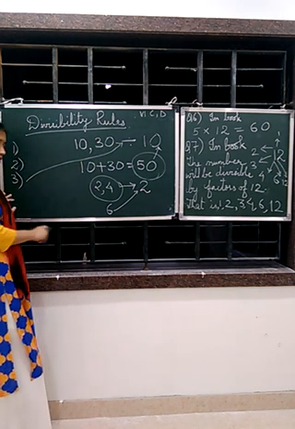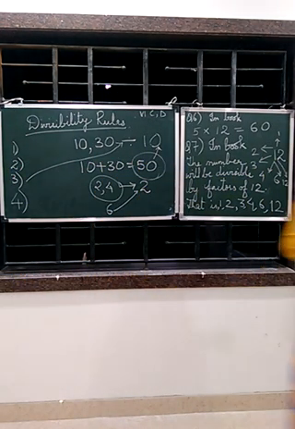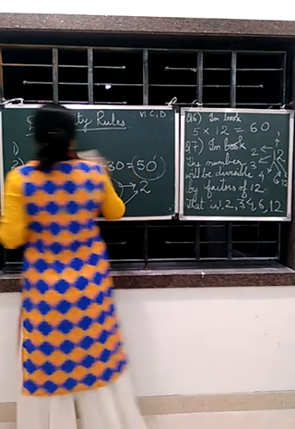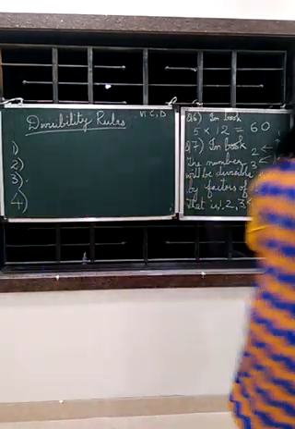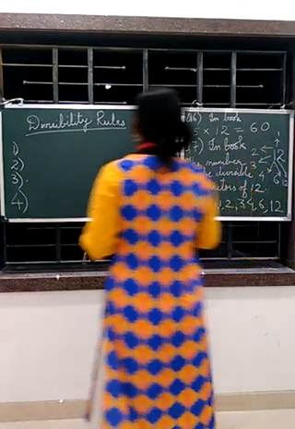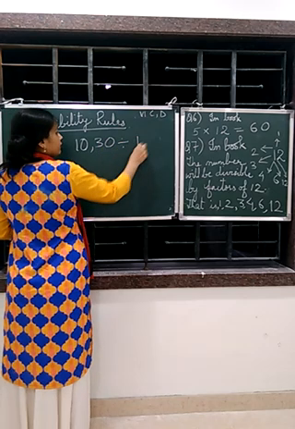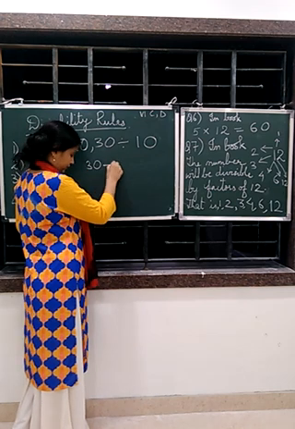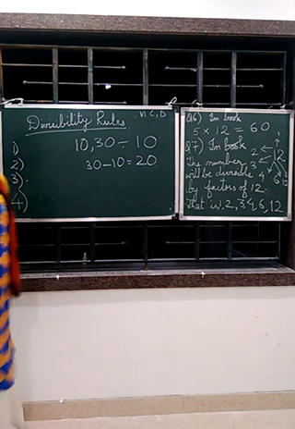This goes for subtraction also. That means if two given numbers are divisible by 10, that is 10 and 30, then their difference is also divisible by 10.